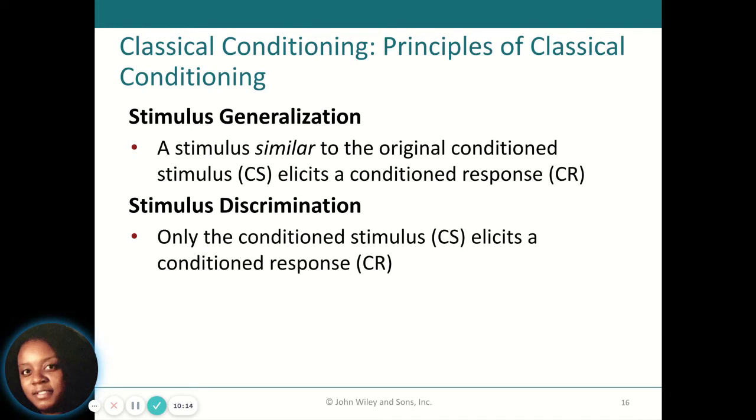There's also two terms called generalization and discrimination. Generalization happens in classical conditioning when a person responds in the same way to something that's similar that they've seen before.